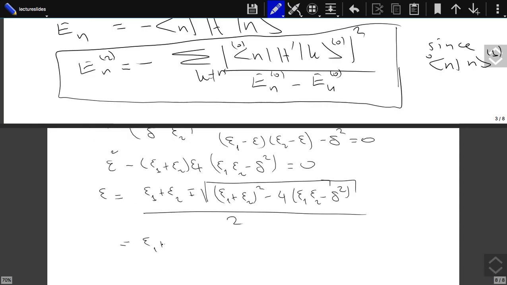This is equal to (epsilon 1 plus epsilon 2) over 2 plus or minus the absolute value of epsilon 1 minus epsilon 2, over 2, times the square root of 1 plus 4 delta squared divided by (epsilon 1 minus epsilon 2) squared.